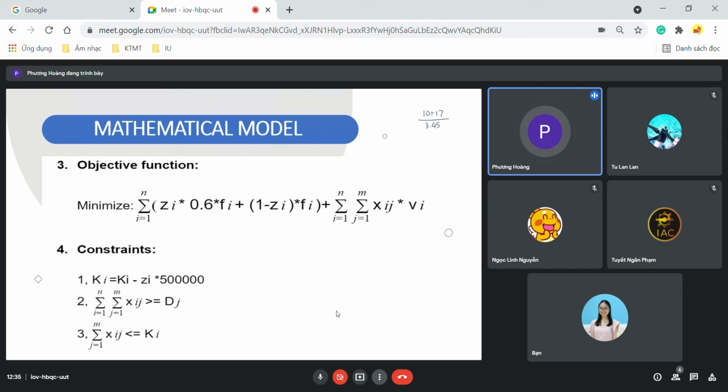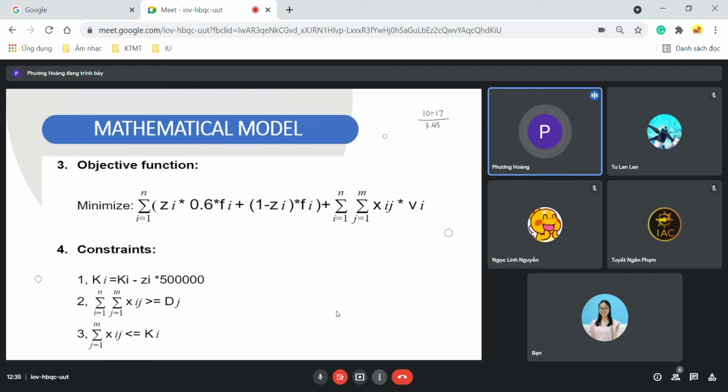If plane I doesn't scale back, then our fixed cost stays the same, plus the X amount of product that plane I will supply for J, multiplied by the variable cost of plane I. In the first constraint, if the capacity of plane I is scaling back, y equals 1 and Ki equals Ki minus 500,000.